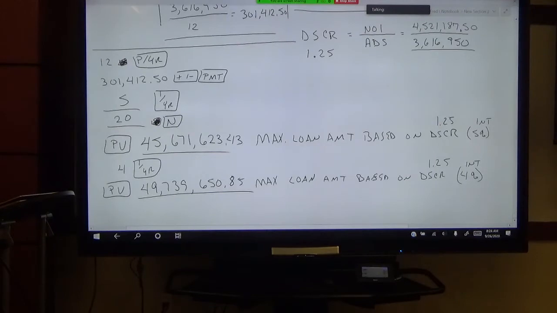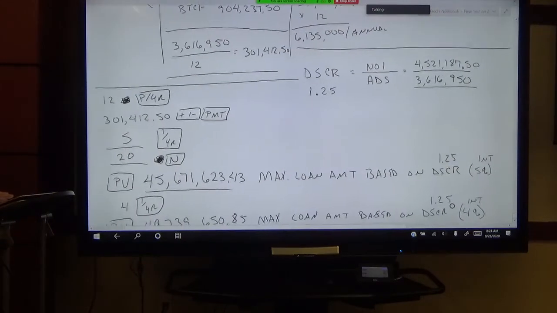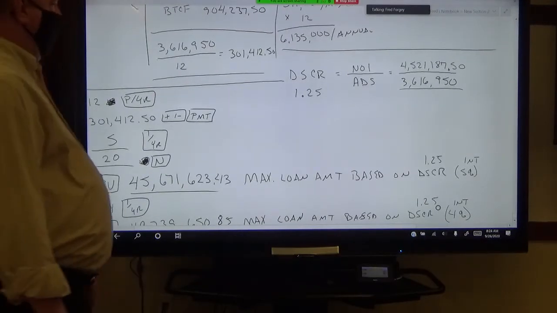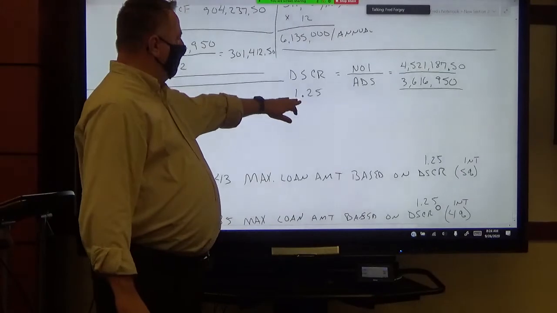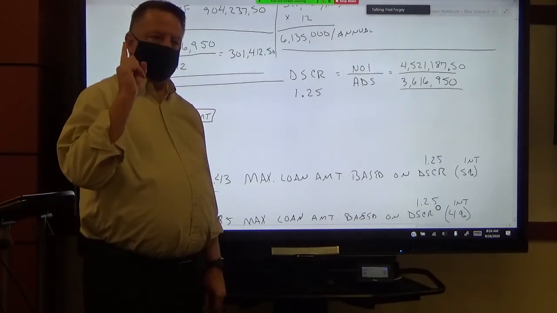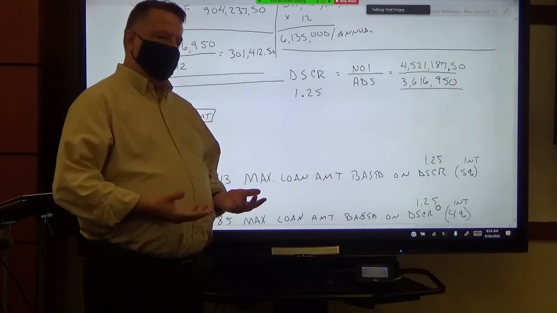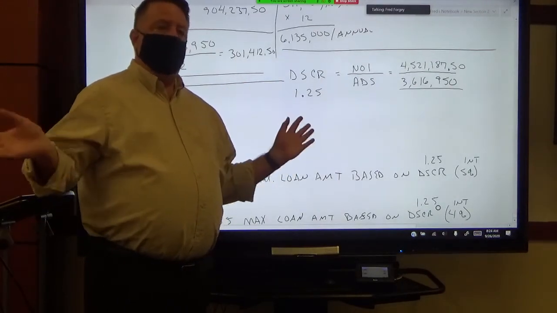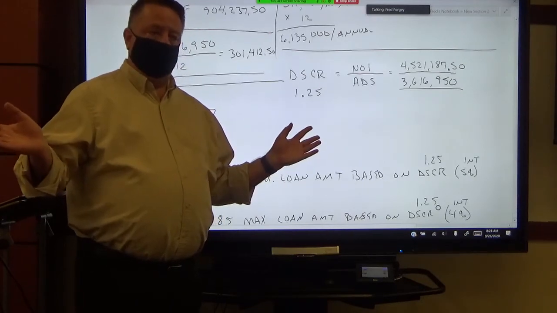Can you just explain the 1.25, how that's factoring in? Okay, so once again, let's say that instead of a 1.25, we had a 1 as the debt service coverage ratio. What that would mean is the lender is saying you can spend all of your income on a loan, okay?